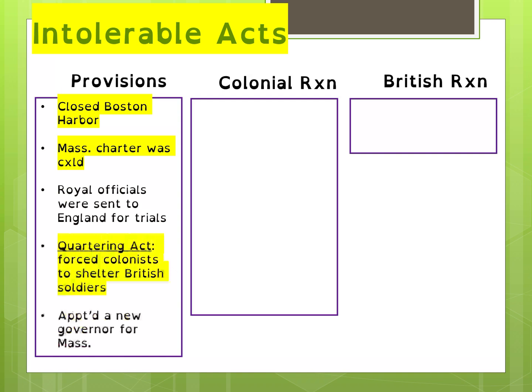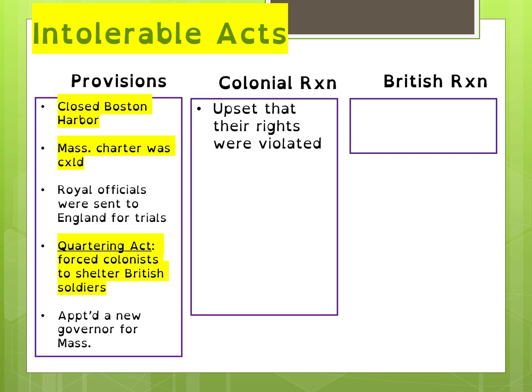They're farmers. They're not really feeling the pinch that these city folk are feeling up in New England. So up to this point, it's really been that the protests have been focused in big cities like Boston, New York, and maybe Philadelphia. But now that the Intolerable Acts have been released, that's going to change.